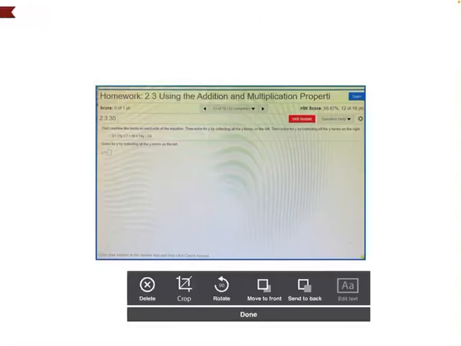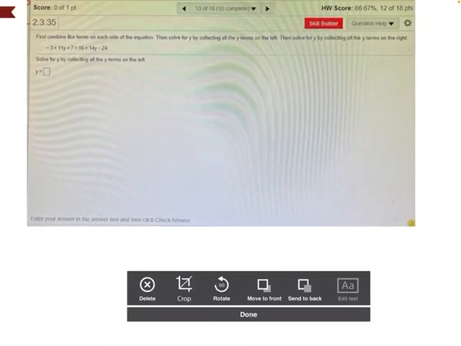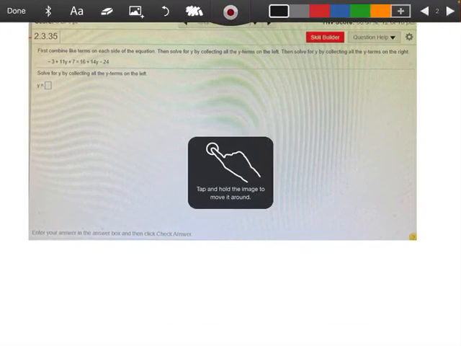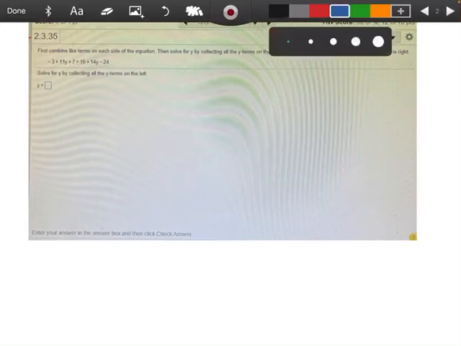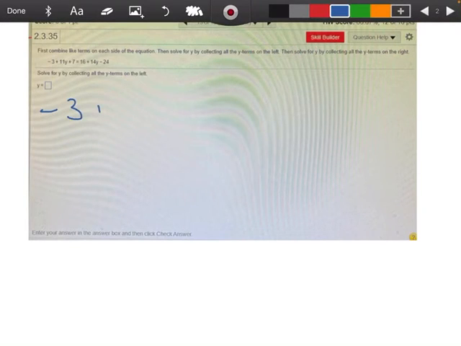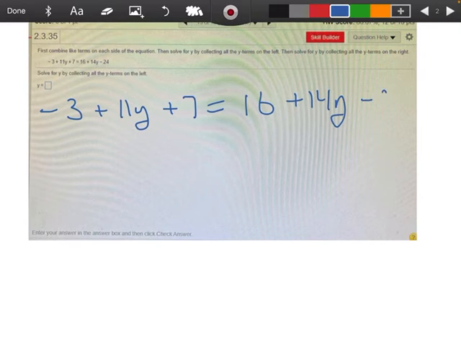Here's my problem again. Let's move it up here so you can see it a little bit. Okay, so I'm going to start off doing the same exact thing that we did before. Negative 3 plus 11y plus 7 equals 16 plus 14y minus 24. I'm going to look at this side here.